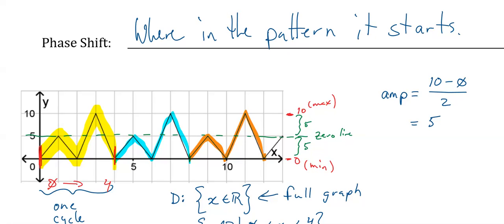Notice that just because I go back to the same height doesn't mean I've done a full cycle. Like if I start here at the bottom, or if I start here and I go up and down back to 0, I haven't repeated one full cycle. Yes, I'm back to 0, but there's still a new part of the picture, and it's not till there that this picture is like cut and paste repeating over and over. Does that make sense? All right, so this is one cycle.